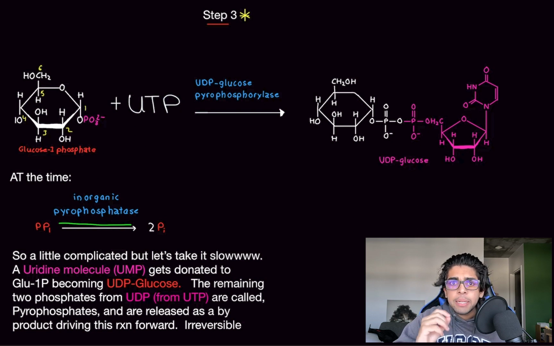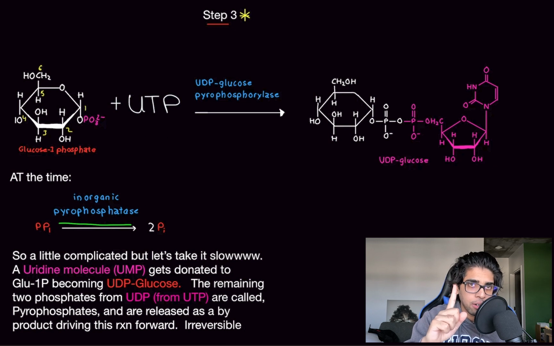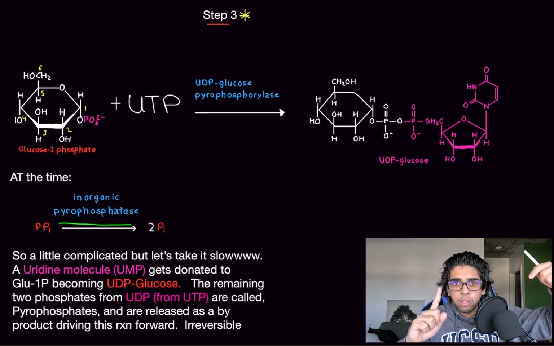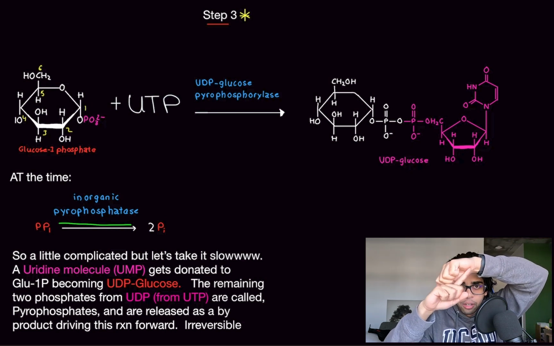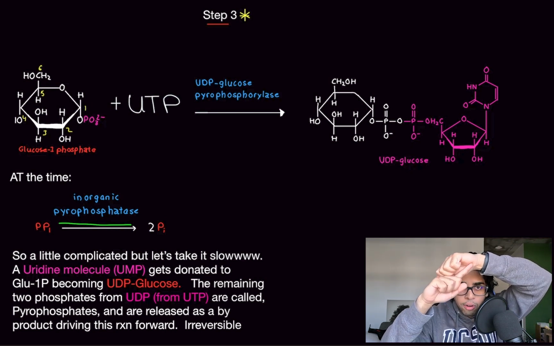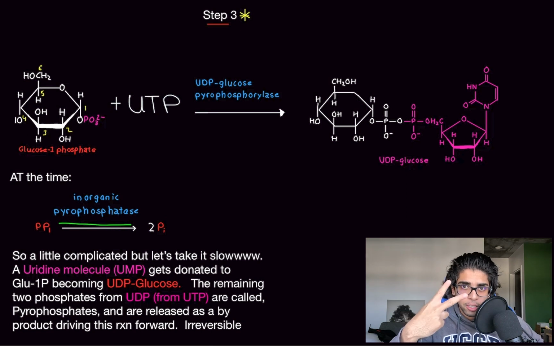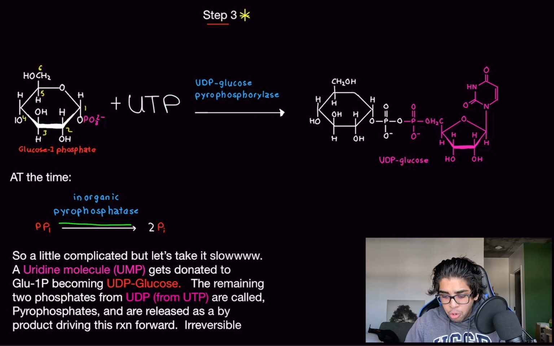But the reason it's called UDP glucose is because we already have a phosphate group on carbon number 1. So the molecule already has 1 phosphate. Then we take the UTP molecule, shred off one phosphate from that and attach it to the glucose 1-phosphate. So now we have 2 phosphates, and that's why it's called UDP glucose, uridine diphosphate glucose.